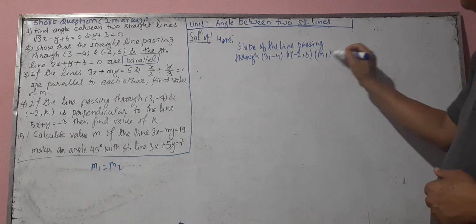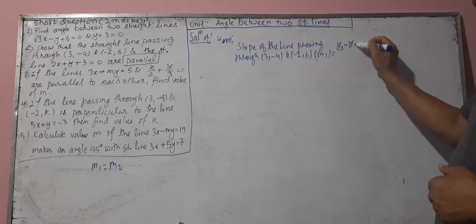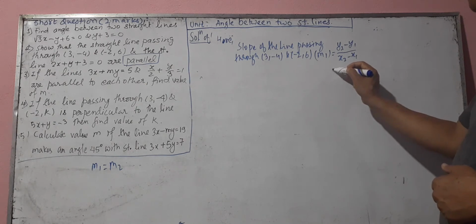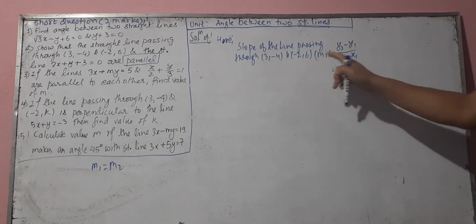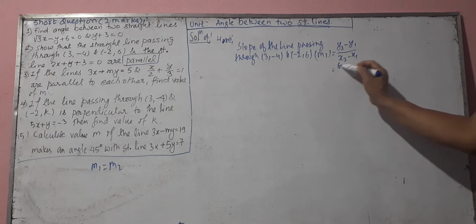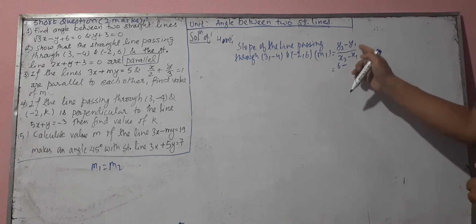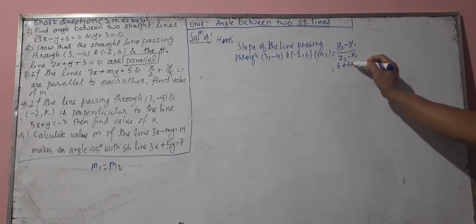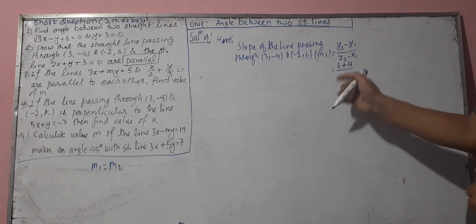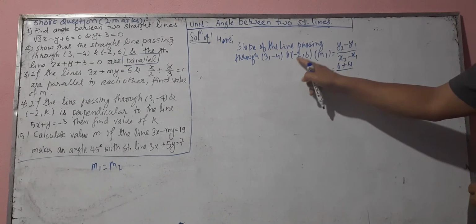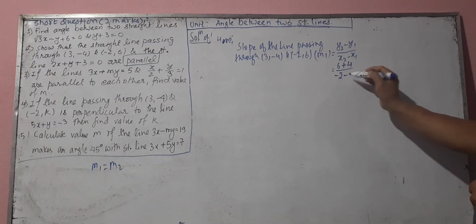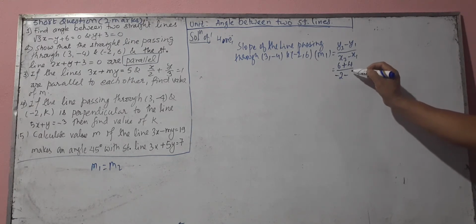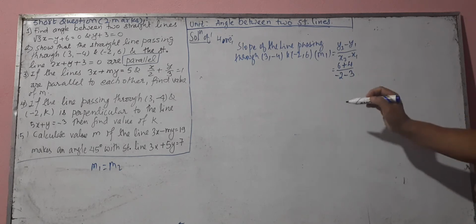(3, -4) and (-2, 6). That is m1 equal to, the formula is (y2 - y1) by (x2 - x1), where y2 is the y coordinate of the second point, that is 6, minus y1, the y coordinate of the first point, that is -4, and minus minus becomes plus 4, divided by x2, the x coordinate of the second point, -2, minus x1, the x coordinate of the first point, that is 3.